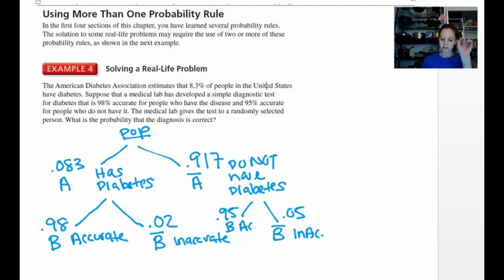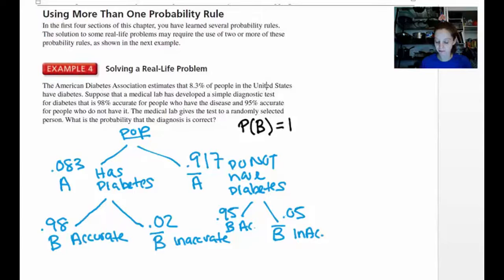And what we want to know is the probability that the diagnosis is correct. We want to know the probability of B. Right? B is the diagnosis is correct.